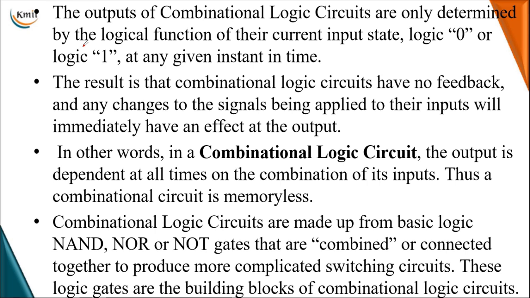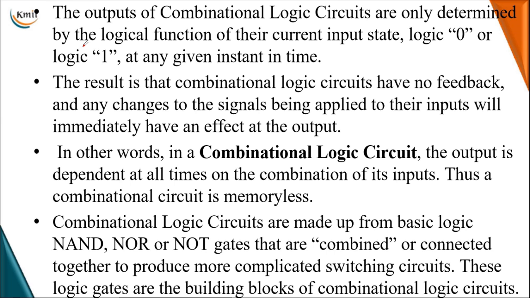The result is that combinational logic circuits have no feedback, and any change in the input signals will immediately affect the output. Combinational circuit outputs depend at all times on the inputs. Thus, a combinational circuit is a memory-less device.